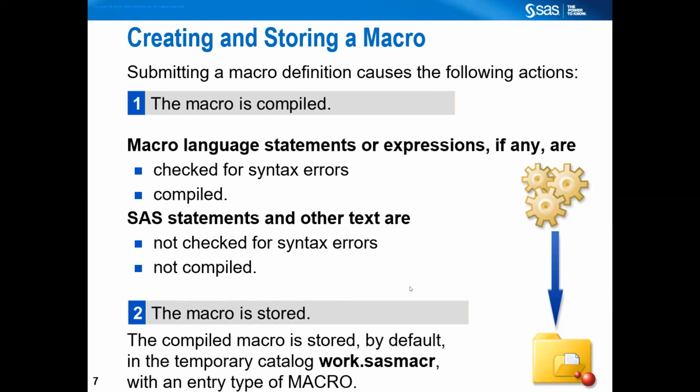Within the compilation phase, it compiles your macro language statements or expressions. If the program contains any, then it will check for any syntax errors and it will compile only the macro statements. Whereas the underlying code, if it has any SAS statements or other text, those are not checked for syntax and are not compiled.